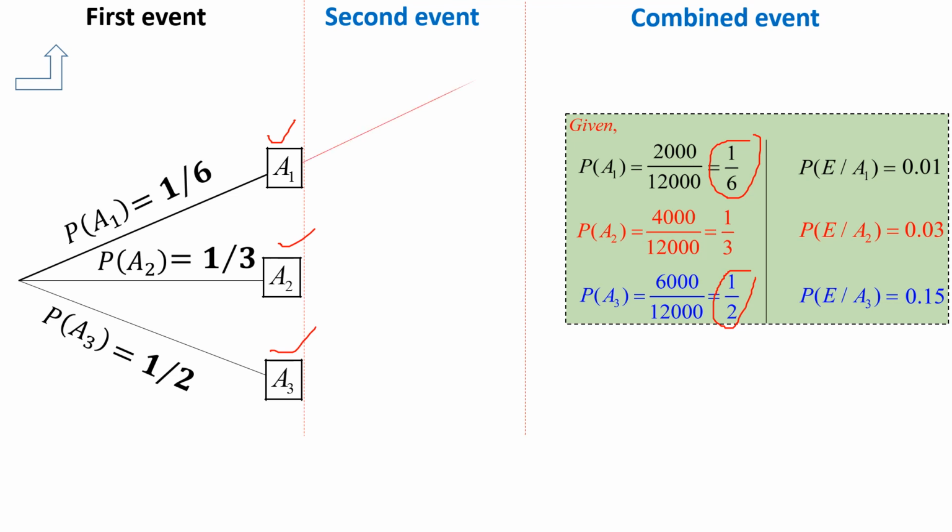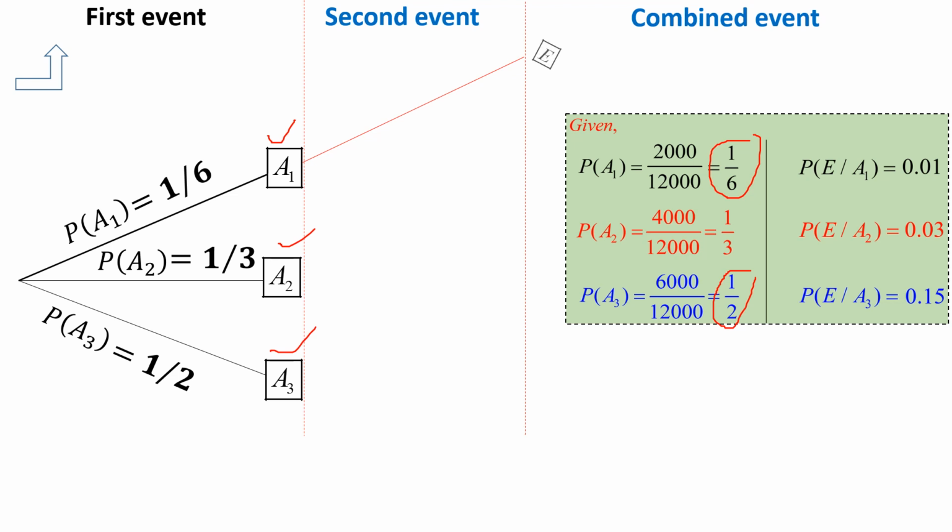And further, we are going to write the second event. A second event means now the accident will occur. So what is the chance that a scooter driver will meet an accident? At this point we have to understand, it is not necessary that the person will meet an accident. The person will or will not meet an accident.